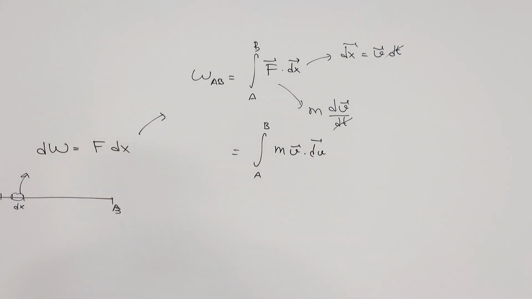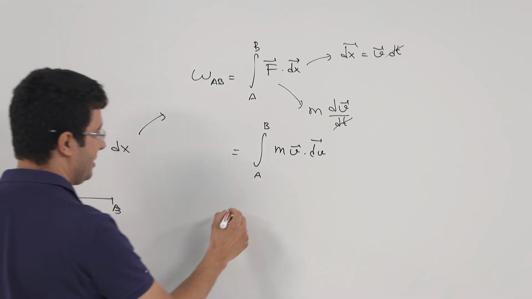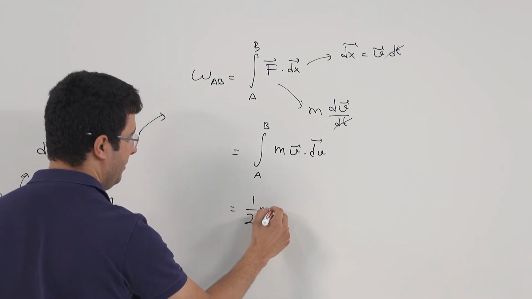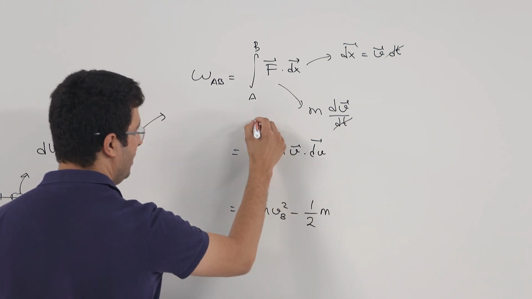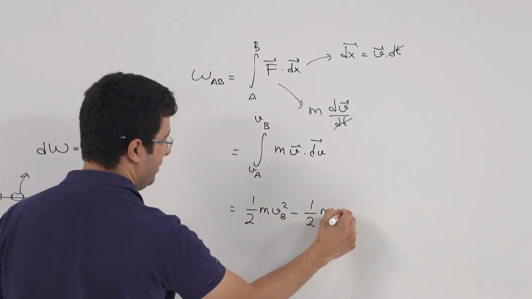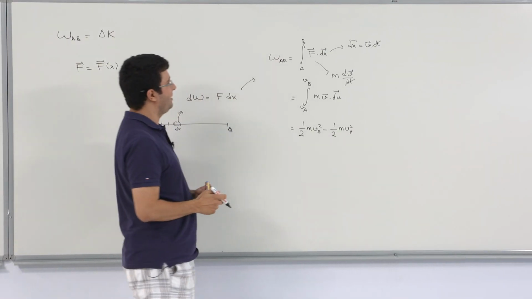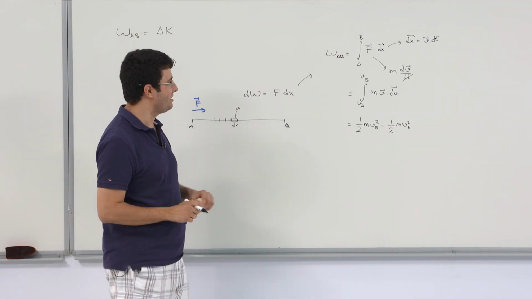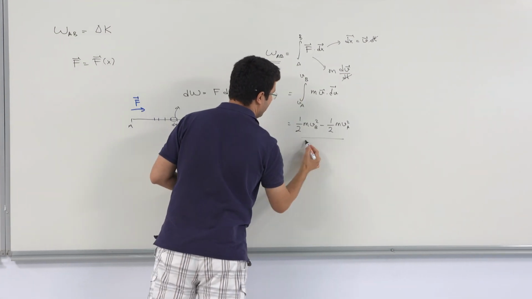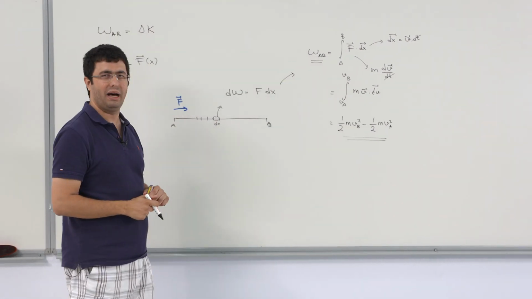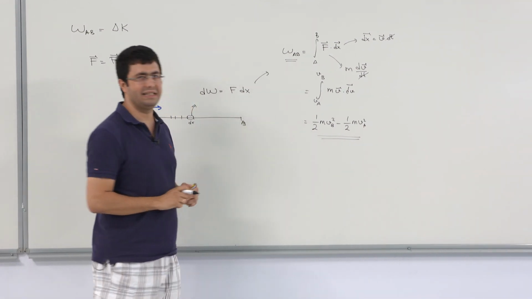This is just a one-dimensional problem, and clearly this tells me it's one half m v_B squared minus one half m v_A squared. So as in the one-dimensional case with a constant force, nothing changed. The work that I have to do to take the particle from A to B is still given by the change of kinetic energy.